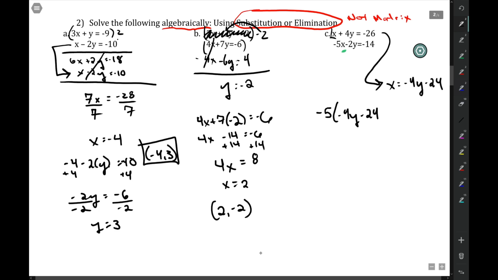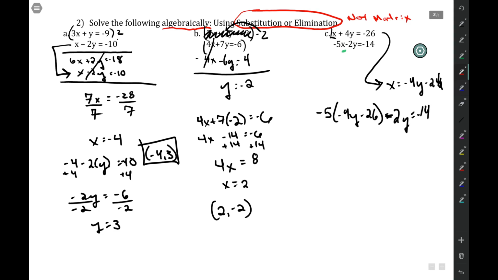Wow, 26, Mr. D. Equal minus 2y equals negative 14. I'm trying to emphasize take your time in class. Here I am rushing through.